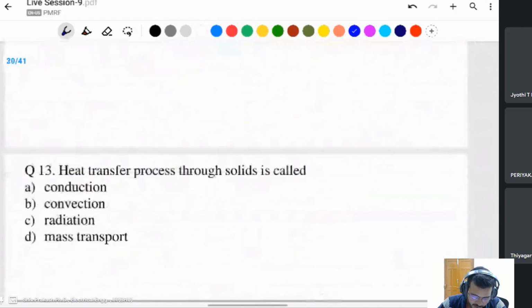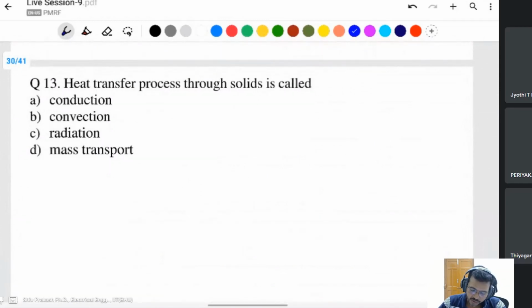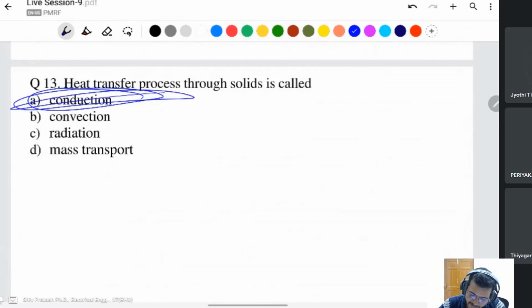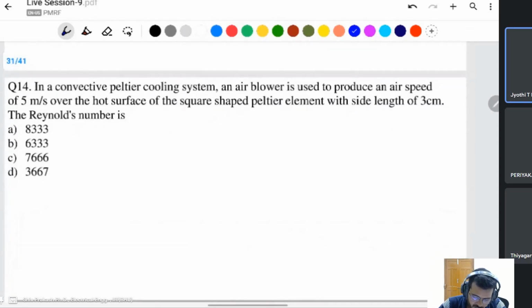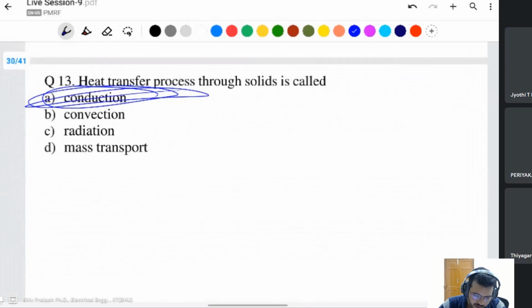Next question: the heat transfer process through solids is called conduction. I think all of you know. In solids it is conduction, and convection is in air or liquid media.